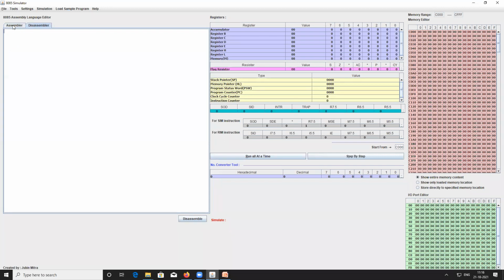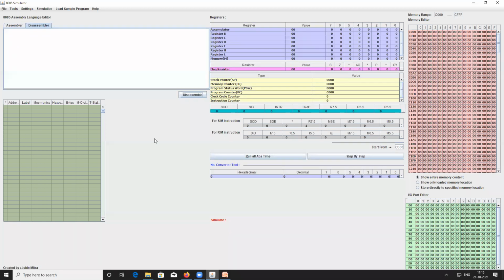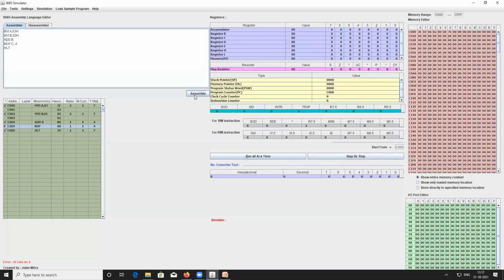Okay. See, this is the assembled program. After assembling, let's see it one by one.